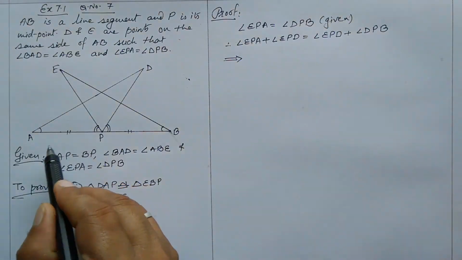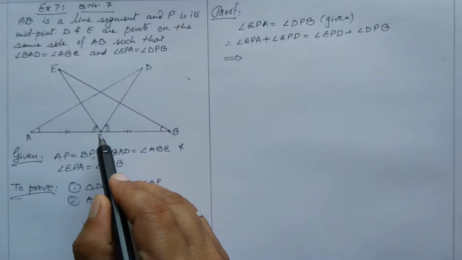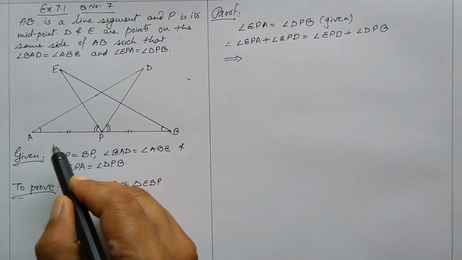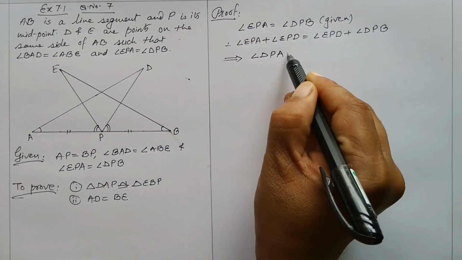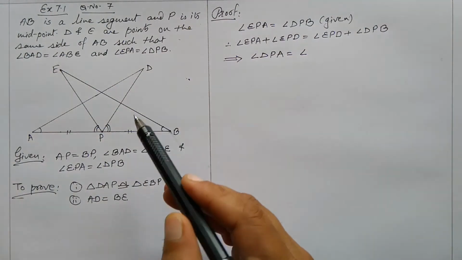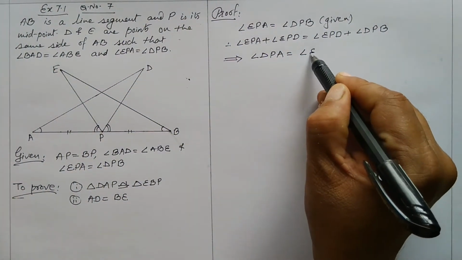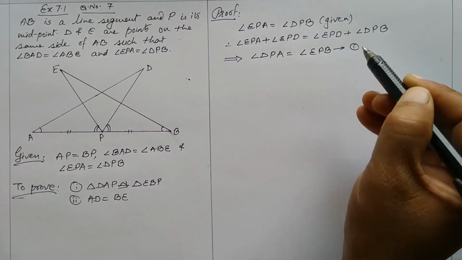EPA plus EPD, you are going to get APD, or you can say DPA. So you can say angle DPA is equal to angle, same way, EPD plus DPB is nothing but EPB. So angle DPA is equal to angle EPB. You can call this result number 1 and you can use this.